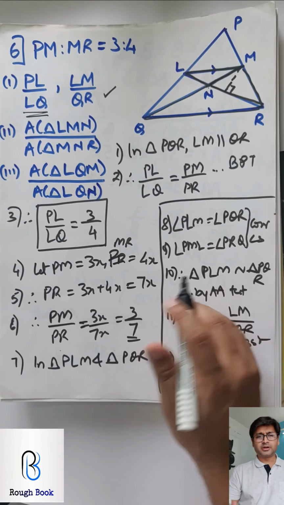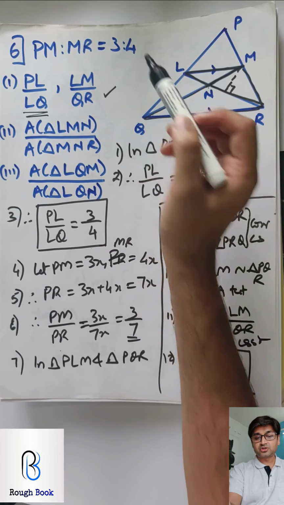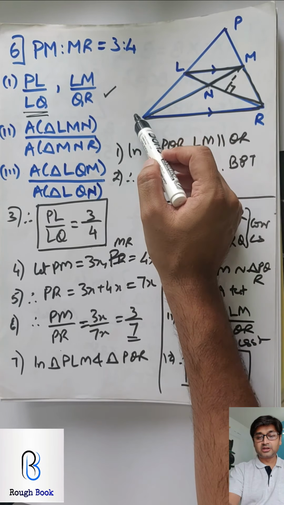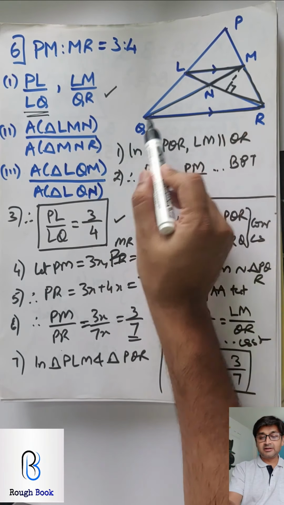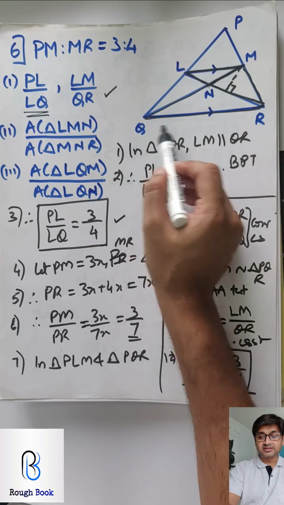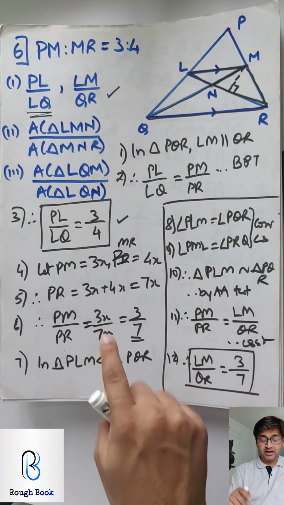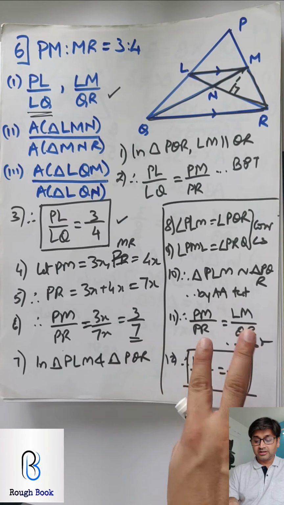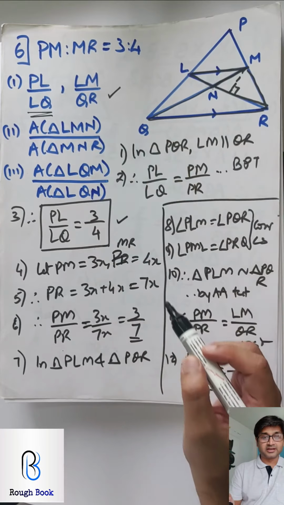Let's recap it. Don't worry, gradually you will be able to pull up. See, first they gave PM upon MR 3:4. They asked PL upon LQ. So BPT we used and got that straight away. So this was simple. Then LM upon QR, we had to prove this triangle and this bigger one similar. And then before that PM upon PR by X method. So that we got. Then prove the triangles similar, CSST applied, and we got LM upon QR, the second part.